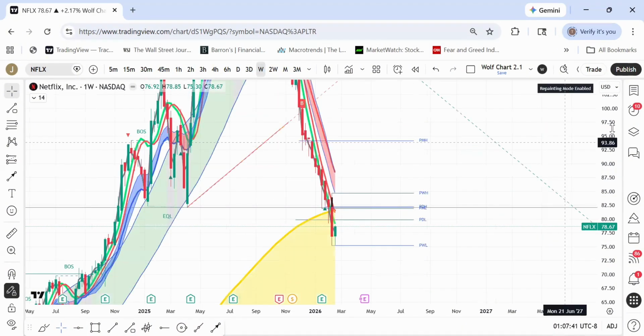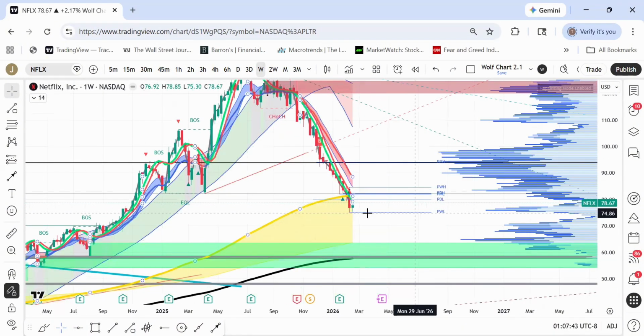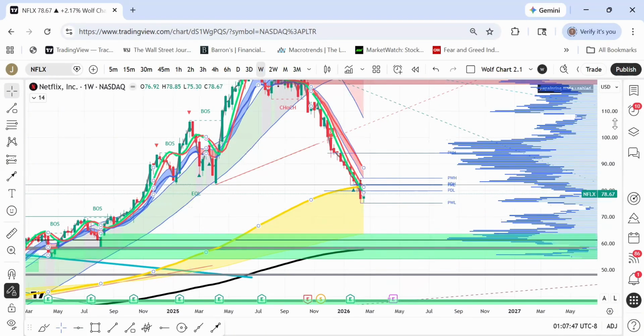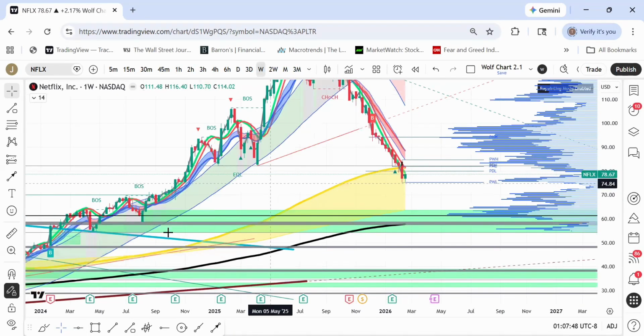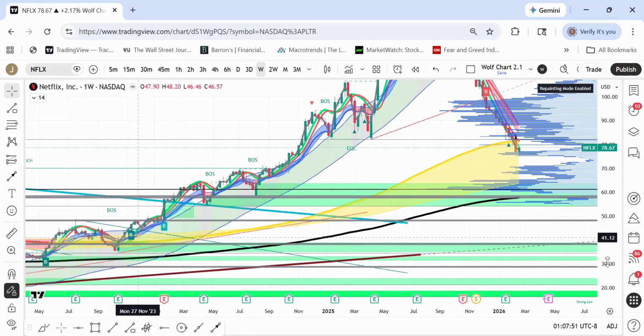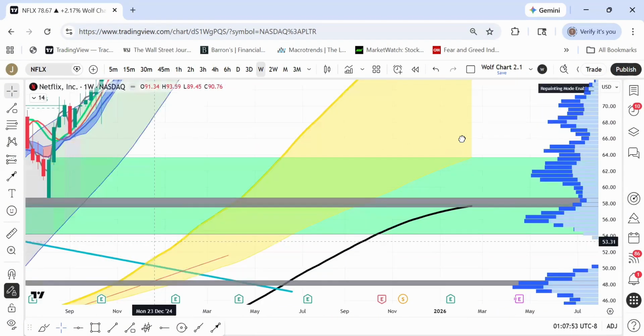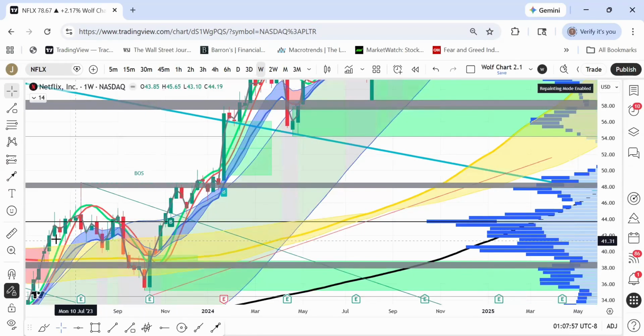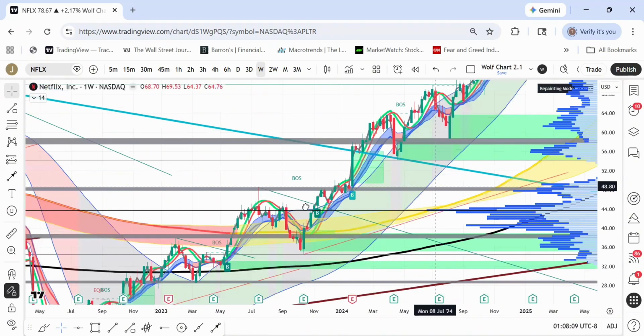Let's go to the weekly. On the weekly, we see we are testing the 200 cloud. Let's see the last time Netflix tested the 200 cloud. Right here. Last time they were at this 200 cloud was 2023. Other than that, they really haven't.